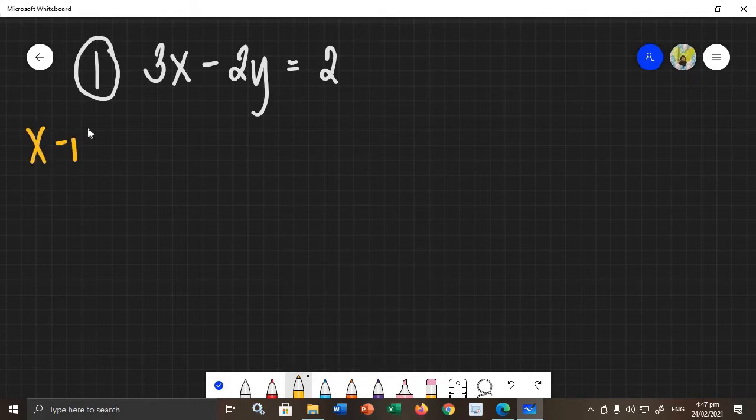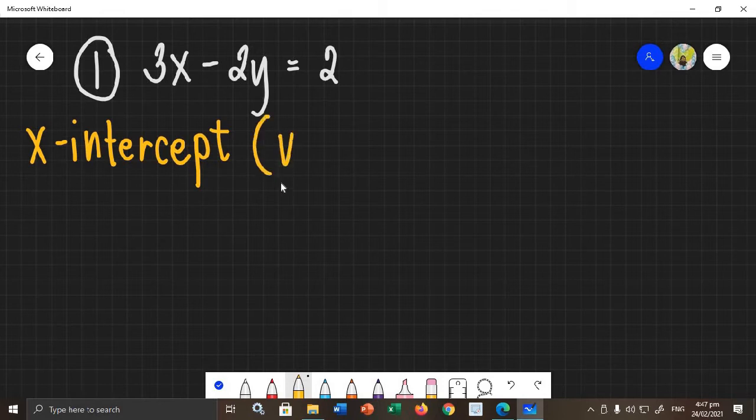So we will be looking for the x-intercept. And we should remember now, when we look for the x-intercept, we will assume na the value of y in the given linear equation is always equal to 0.